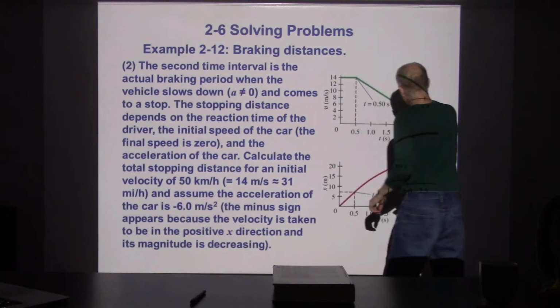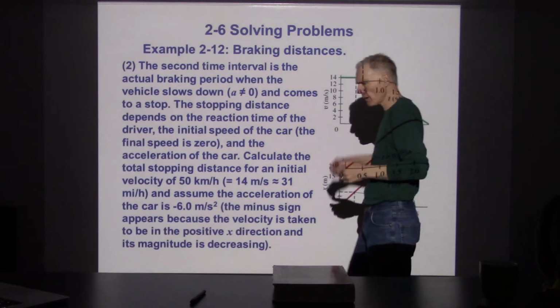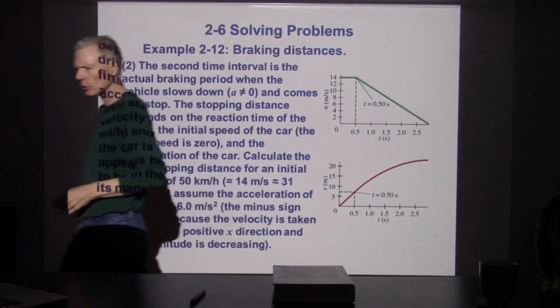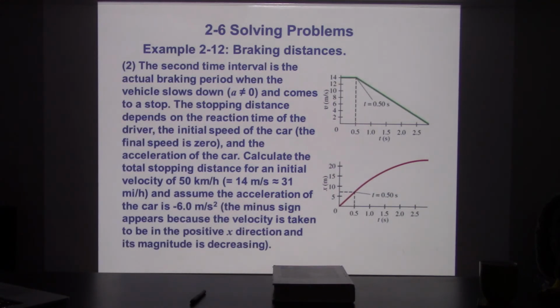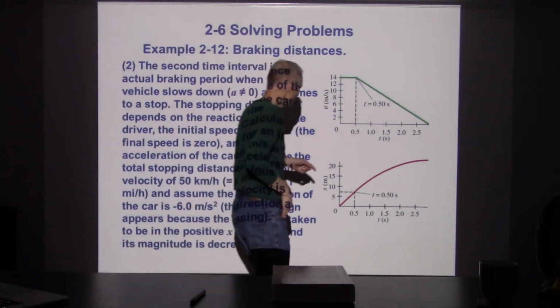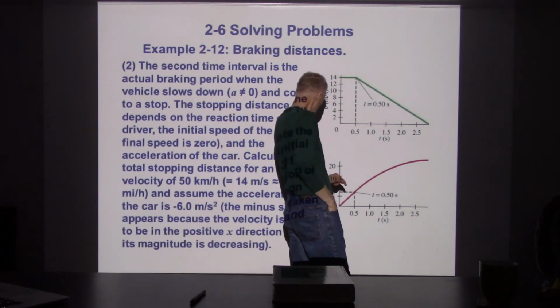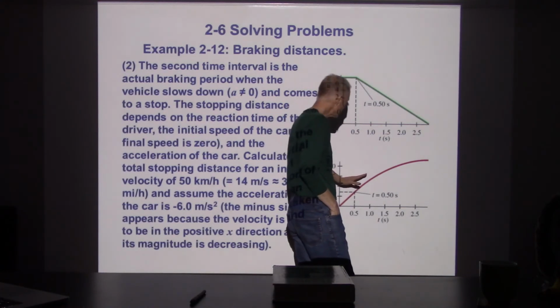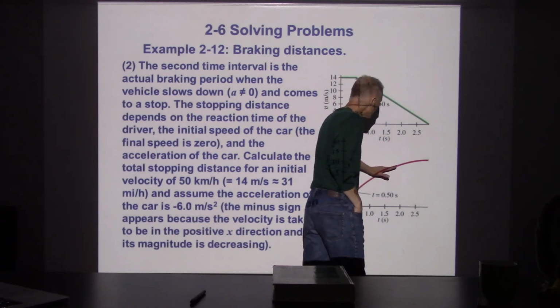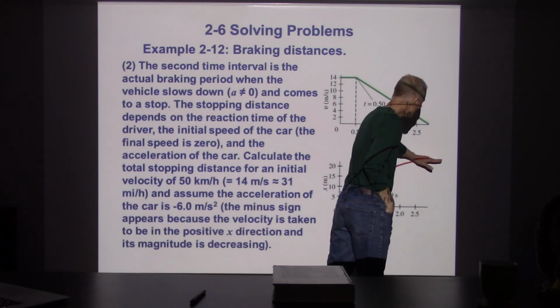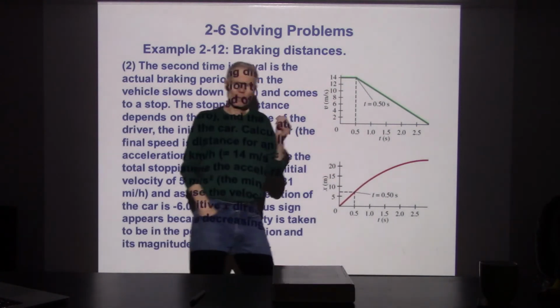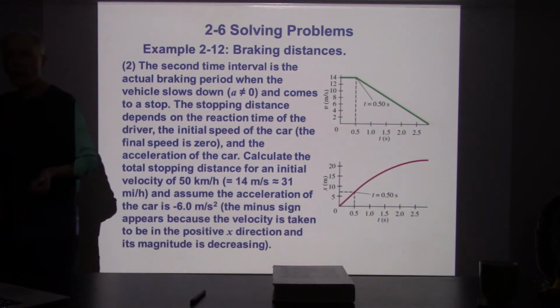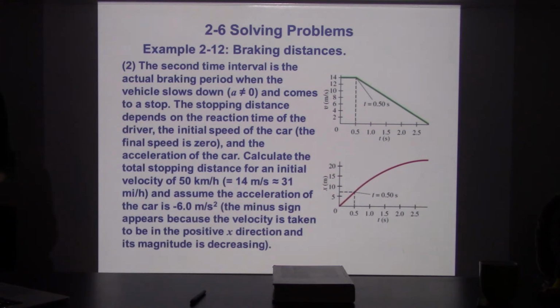And then when the braking begins, remember when we look back at those formulas for constant acceleration, the x formulas are parabolas. So I'm going to have some kind of a parabola that represents a slowdown. This is x as a function of time, so the slope has to gradually drop off. How do I know when I've completely come to a full stop on an x versus t graph?